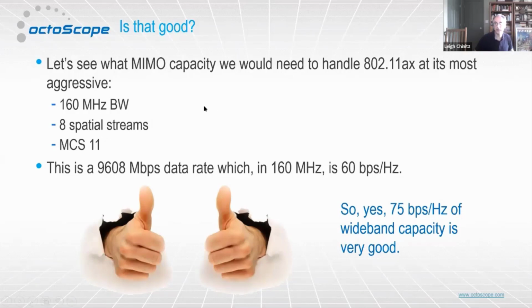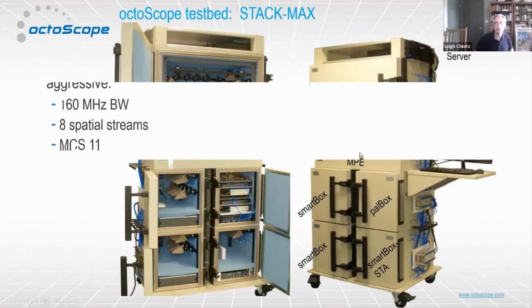It handles 11AX even at its most aggressive. So having done all that, hopefully I've convinced you that these testbed antennas are certainly critical, and also that the testbeds themselves are more than capable of handling MIMO testing.